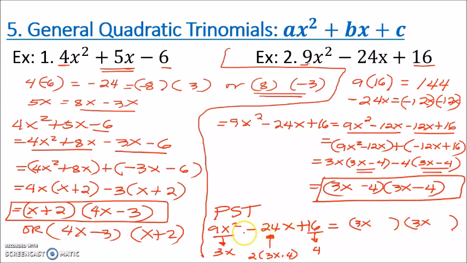Minus itong minus yung operation sa gitna, so minus. And then yung square root ng last term is 4. So ito na yung factored form niya. 3x minus 4 times 3x minus 4. Or we can write this as 3x minus 4 squared.